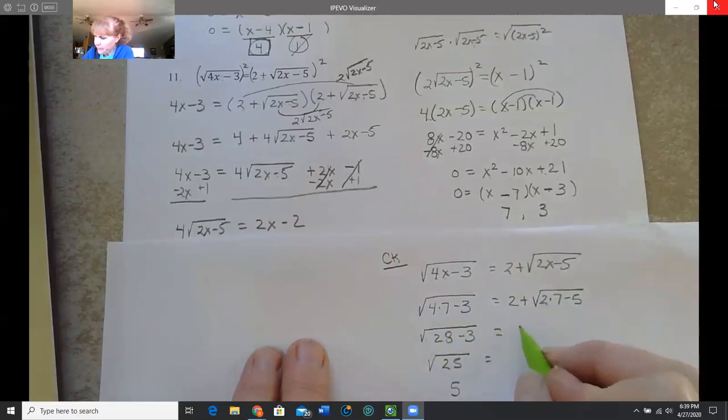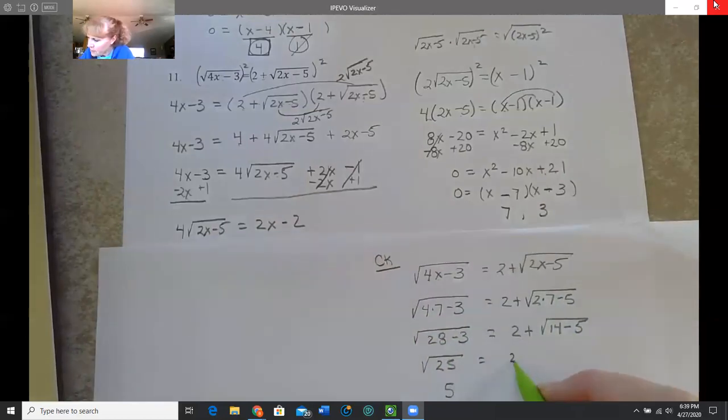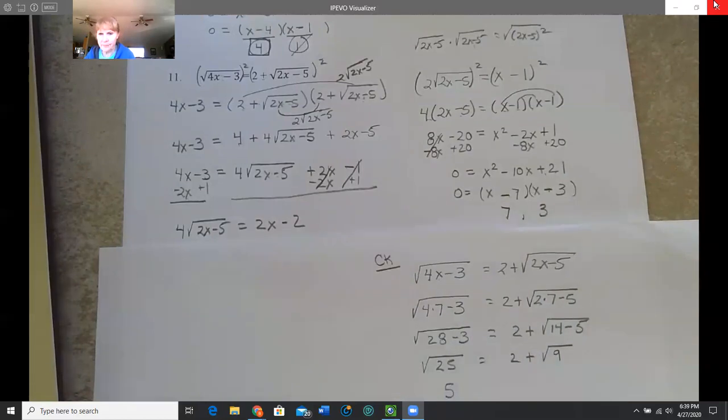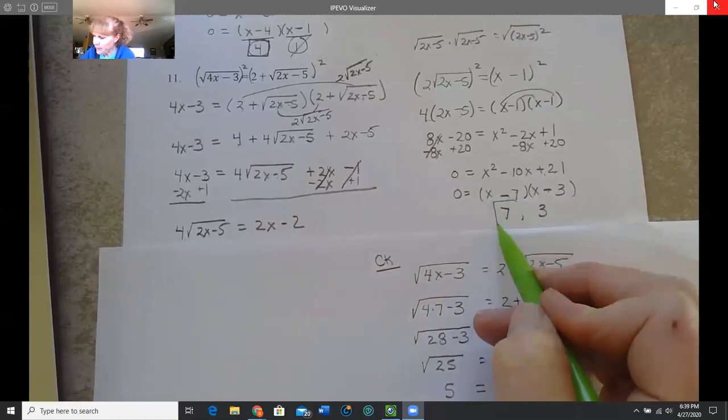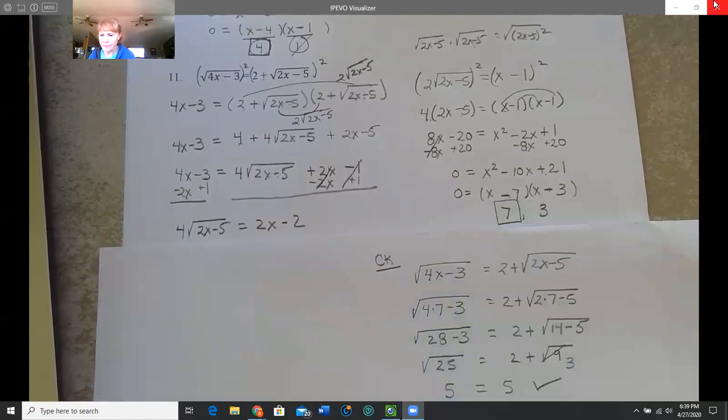Let's do this one. 2 plus 14 minus 5. So far, so good. 2 plus the square root of 9. The square root of 9 is 3. 2 plus 3 is 5. It checks. So 7 is a solution.